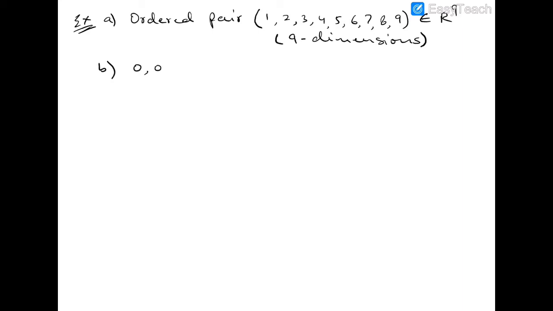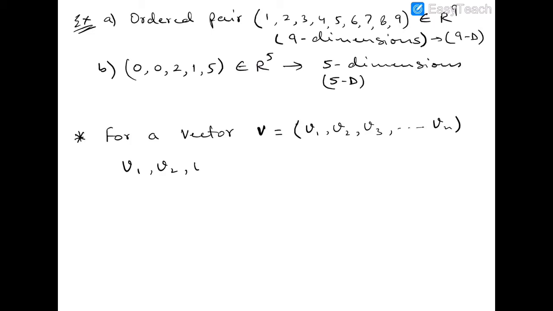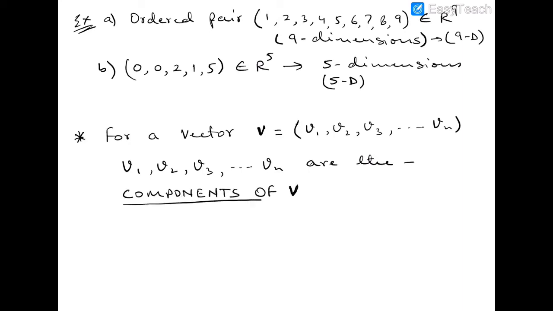Similarly, the ordered tuple (0, 0, 2, 1, 5) belongs to R5, that is 5 dimensions, or 5D, and here we can say 9D for 9 dimensions. So for a vector v equals (v1, v2, v3, up to vn), v1, v2, v3 up to vn are called the components of vector v.